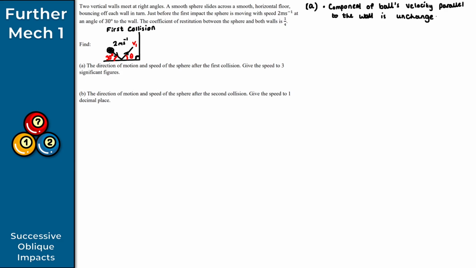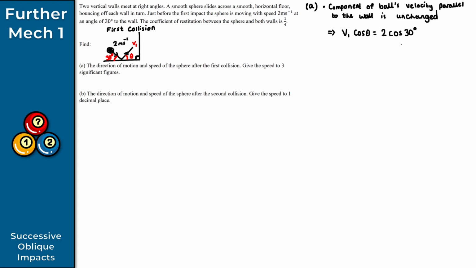What does that mean? In that case, we get V1 cos theta is equal to the speed 2 times cos of this angle, that's 2 cos 30 degrees.